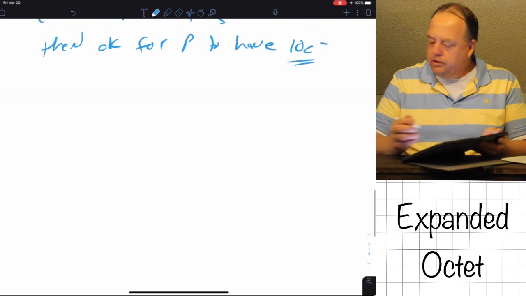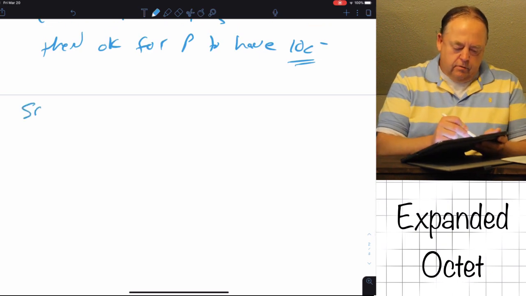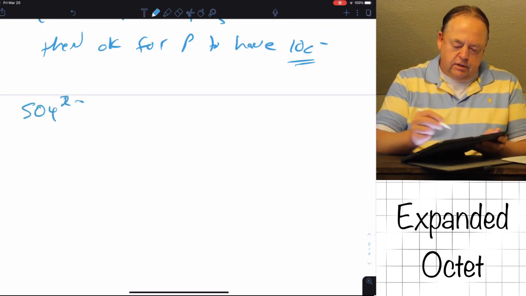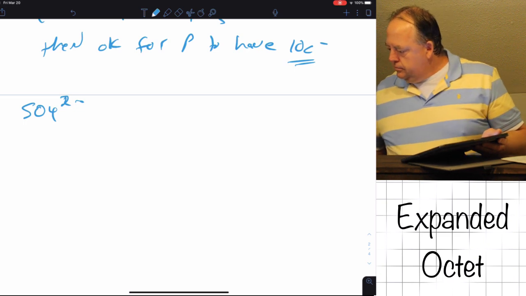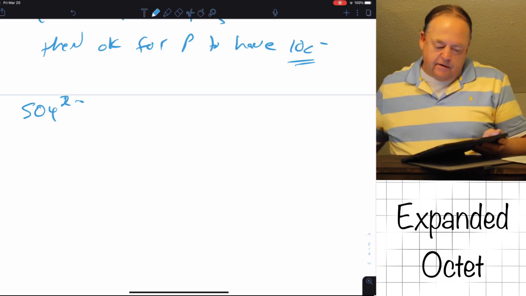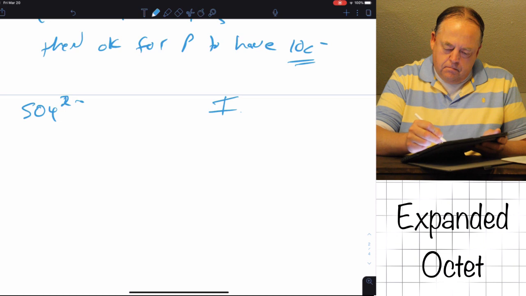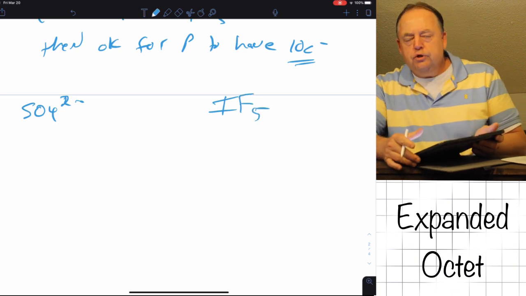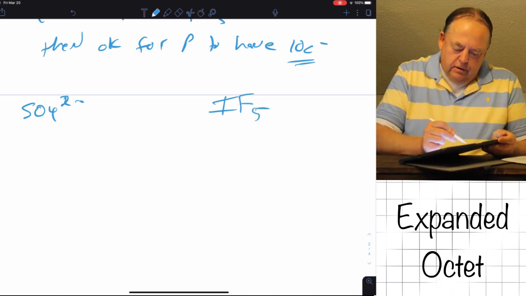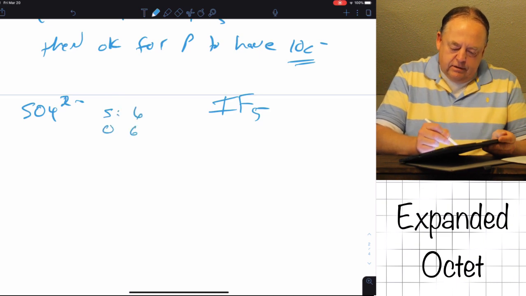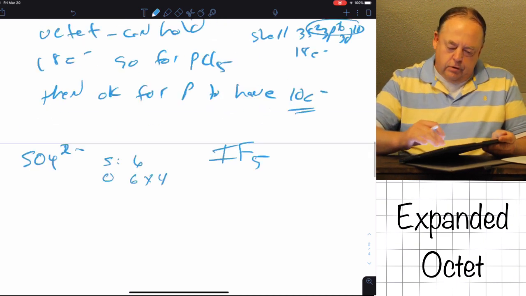So let's take a couple more examples. SO4 2-, for example, and IF5. So let's draw Lewis dot structures for those compounds. Sulfur has 6 valence electrons, oxygen has 6, and there's 4 of them. How do we know it has 6?